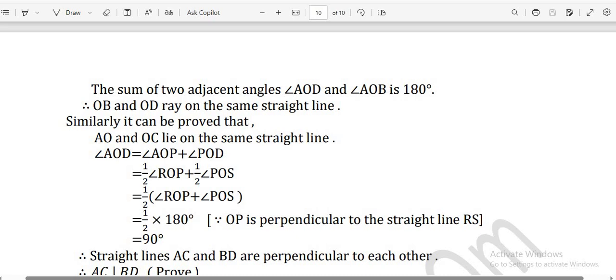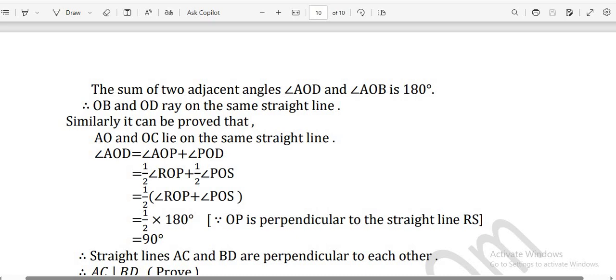Angle AOD is equal to angle AOP plus angle POD, which is 1 by 2 angle POR plus 1 by 2 angle POS. Taking 1 by 2 common, it is 1 by 2 of angle POR plus angle POS.